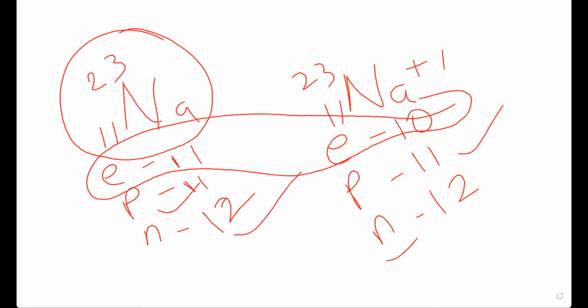You have to write like this for each of the 20 elements, for the neutral one and for the charged one. This is your homework. Is this clear? Yes, sir.